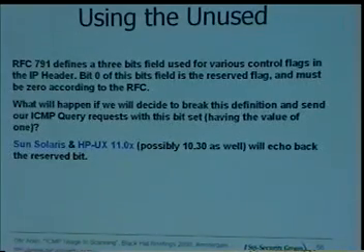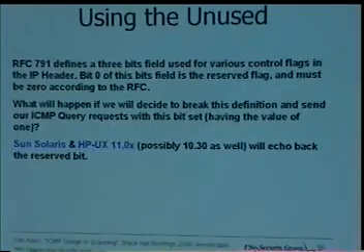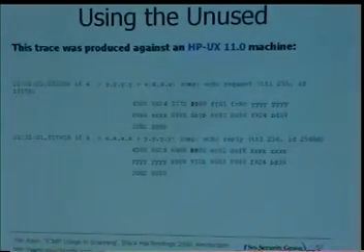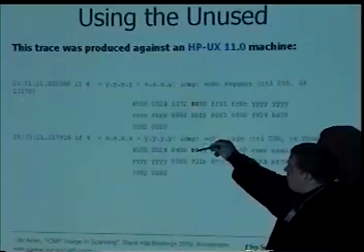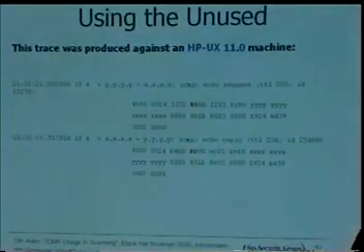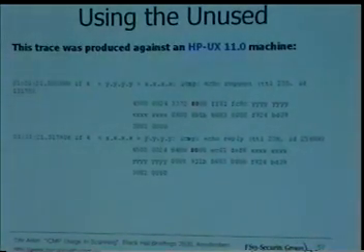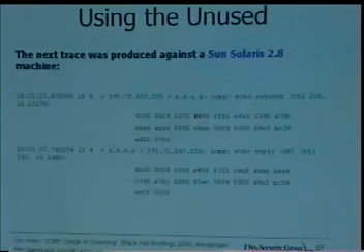We set it to 1, and remarkably, Solaris and HPUX 11.0 will echo back the reserved bit. We can see this here. We set the unused bit, we're getting it back again. Sure, we'll have the DF bit set as well with an HP.